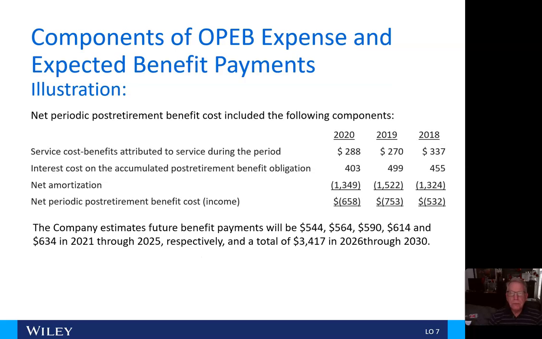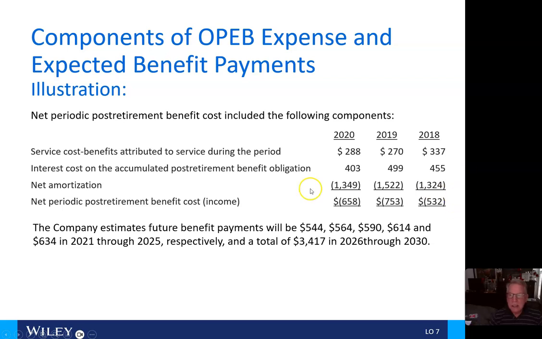Now, the net periodic post-retirement benefit cost includes the following components. So now we're going to take the service cost, benefits attributed to service during the period, and here they are. We'll take the interest cost on the accumulated post-retirement benefit obligation, and here they are.